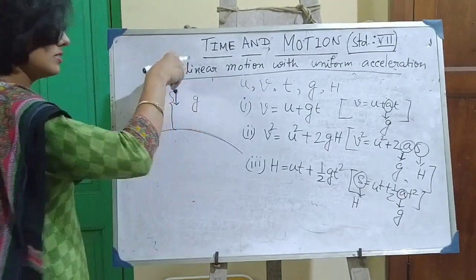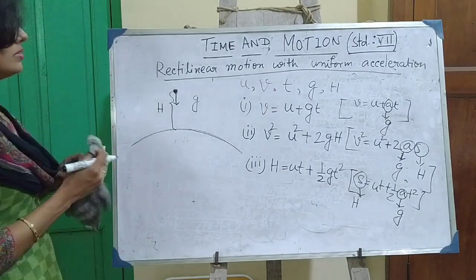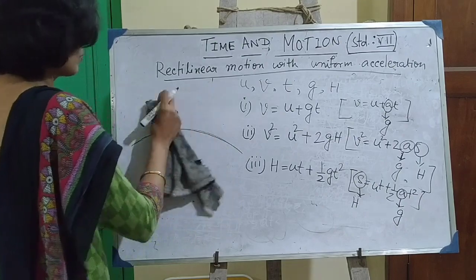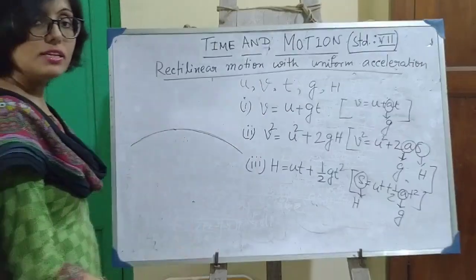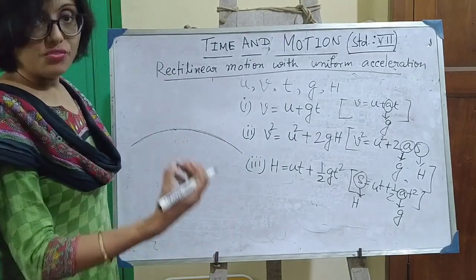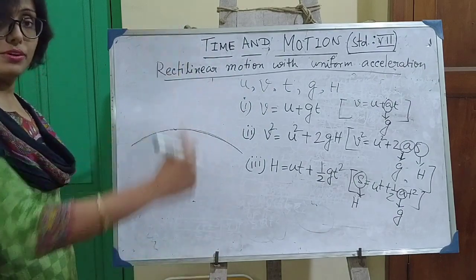Freely falling body means the body is falling vertically downward direction. Now suppose the direction of motion of the body is reversed, which means we are throwing the body in a vertically upward direction. We are throwing a body of finite mass in a vertically upward direction.